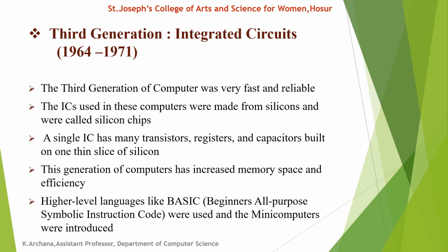A single integrated circuit has many transistors, resistors, and capacitors built on one thin slice of silicon. These generations of computers had increased memory space and efficiency. Higher level languages like BASIC, Beginners All-purpose Symbolic Instruction Code, were used and minicomputers were introduced.